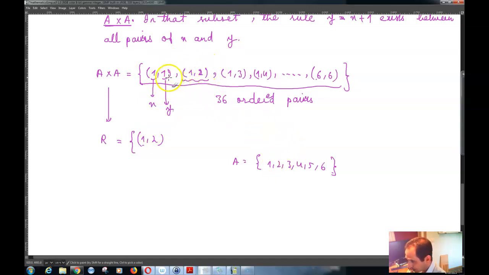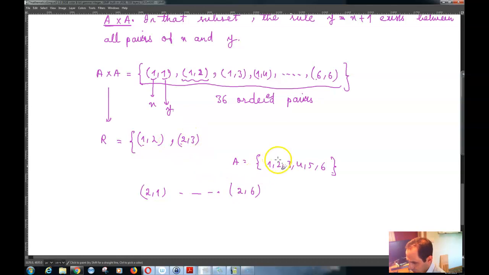Suppose that you go all the way up to 1, 6, and then you have 2, 1, 2, 2, 2, 3, and so on, in which case only 2, 3 would be a good candidate for us. You go from 2, 1 all the way up to 2, 6, and only 2, 3 would be on this list.